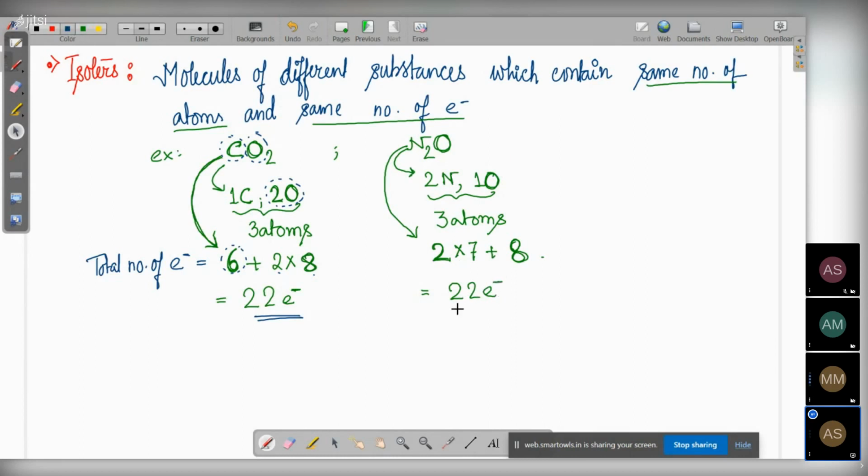Thus both molecules have the same number of electrons and the same number of atoms, so they are called isotars. Isotars are molecules which have the same number of atoms and the same number of electrons.